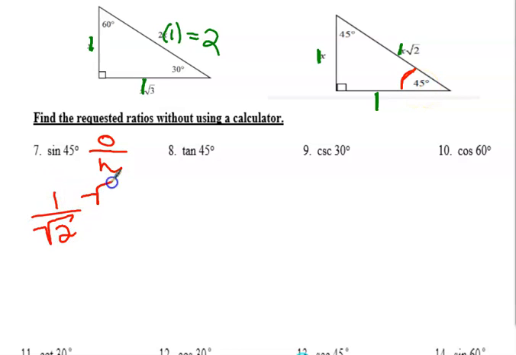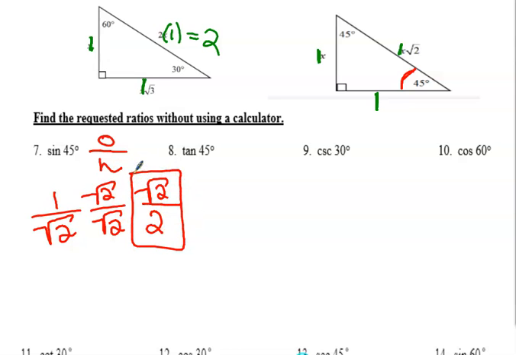I need to rationalize it, so it would be root 2 over 2. Root 2 over 2 would be your final answer after you rationalize it. Tangent of 45 is TOA, so opposite over adjacent is just 1 over 1, which equals 1.